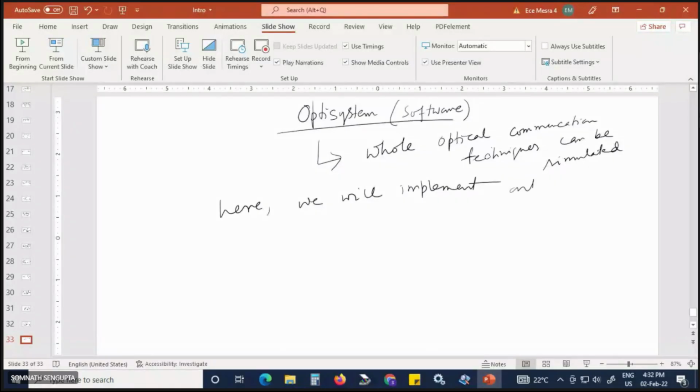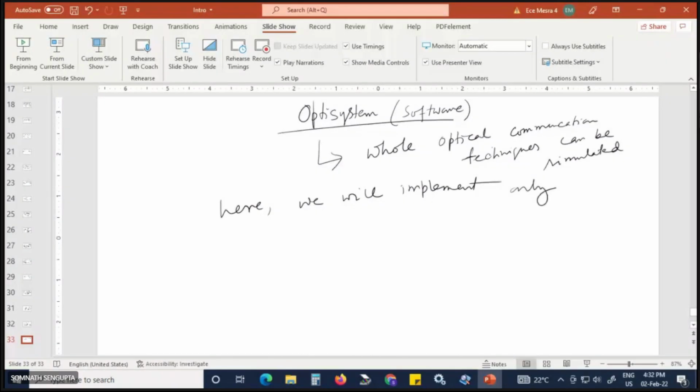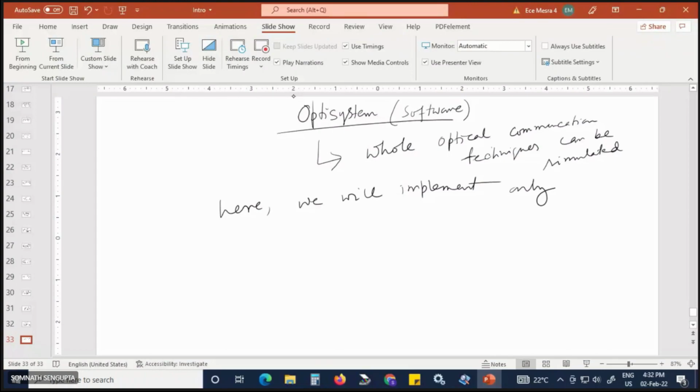Here we will implement the Manchester coding technique, for understanding Manchester coding, for example.